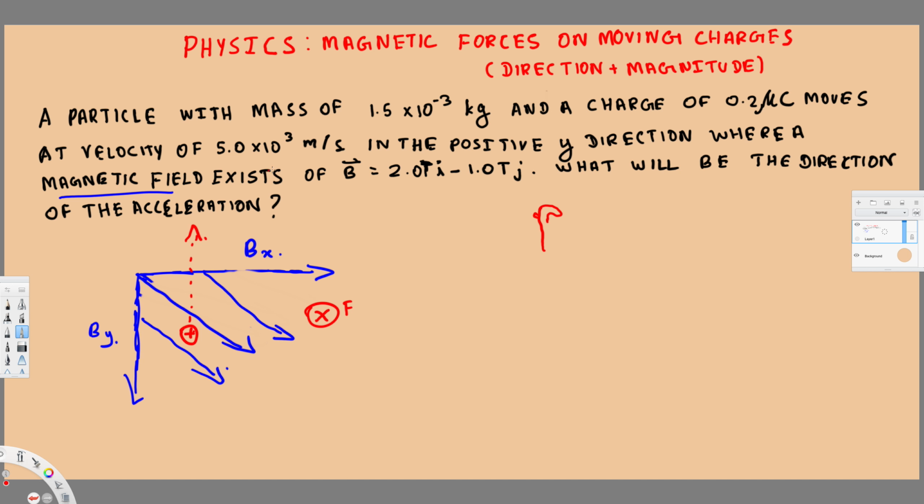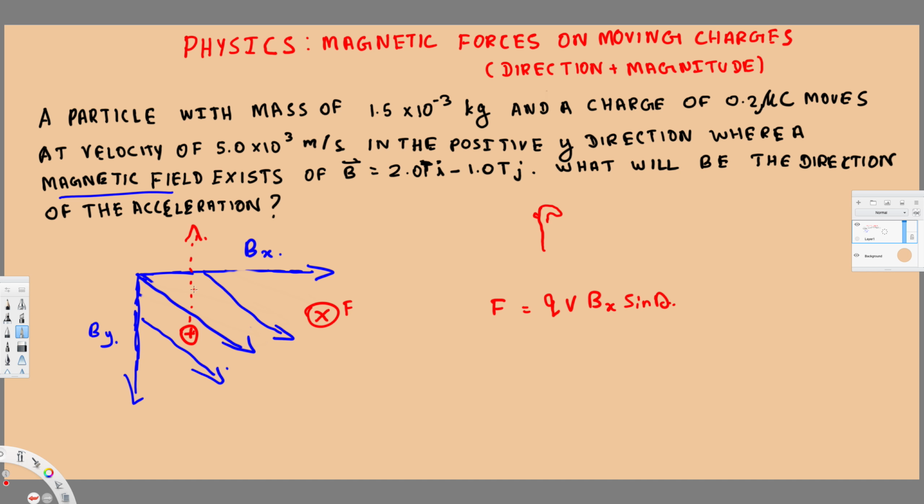And to find the acceleration we have to first calculate the force. So to find the force we are going to use the force equation. Force is equal to q v Bx sine theta, since we only have this magnetic field in the x direction, so we are going to use only Bx. So what's going to be the sine theta here?